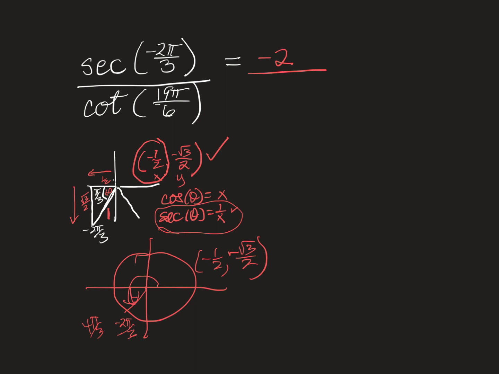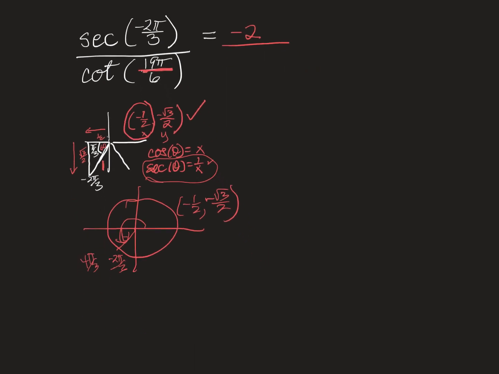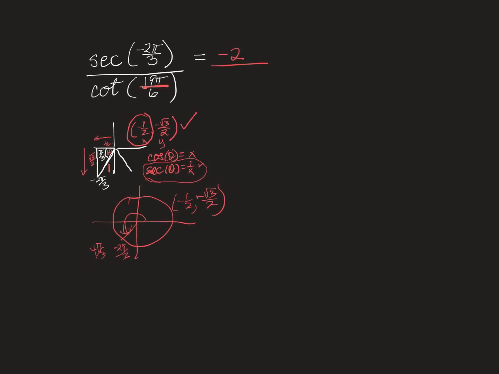Now, we want to do the cotangent of 19 pi. Oh, what's the other way to do it? Oh, I'm sorry. The third way to do this, we should talk about the third way to do this, is just use the table, right? So cosine's here, pi over 6 is here.